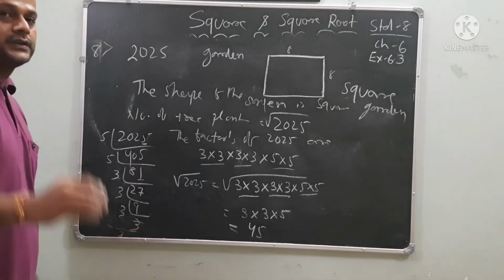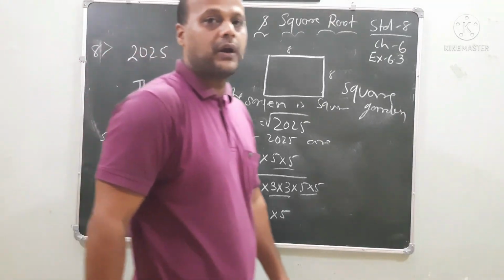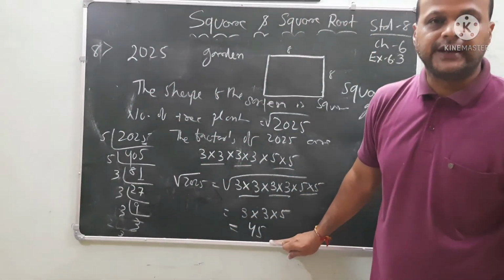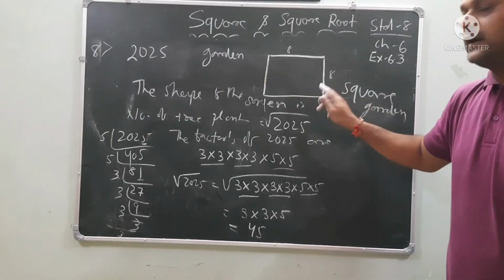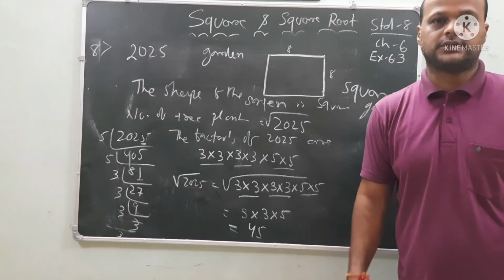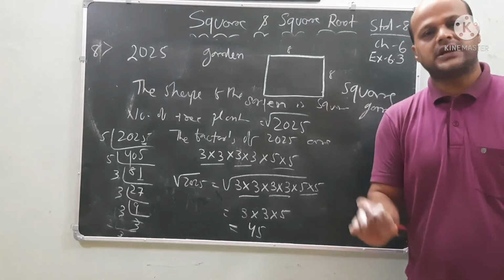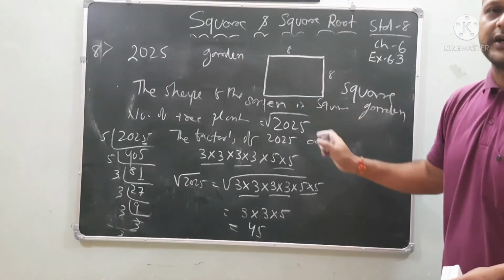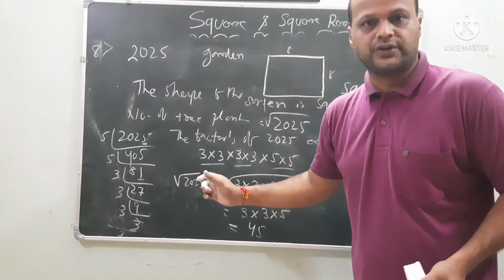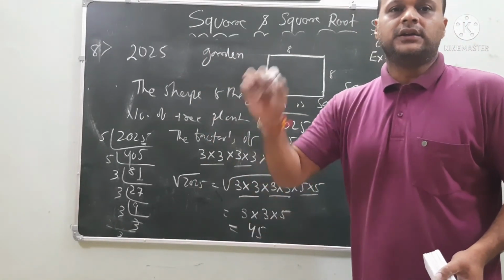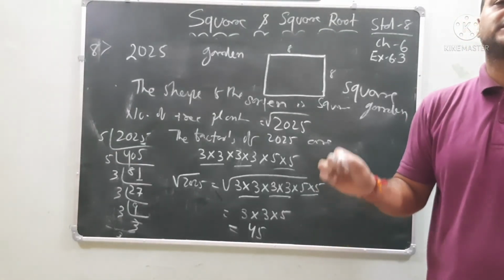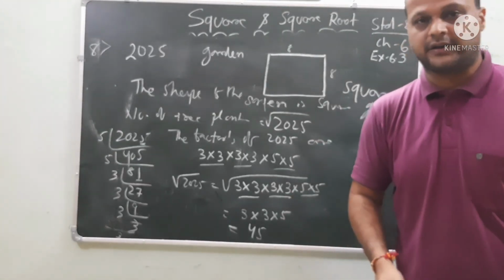Therefore, in the conclusion, what you have to write? Therefore, 45 trees are present in rows and in columns. The statement you just write by your own, my dear friends. First study the question carefully and write that the number of rows and number of columns are the same, so the shape of the garden is a square garden.